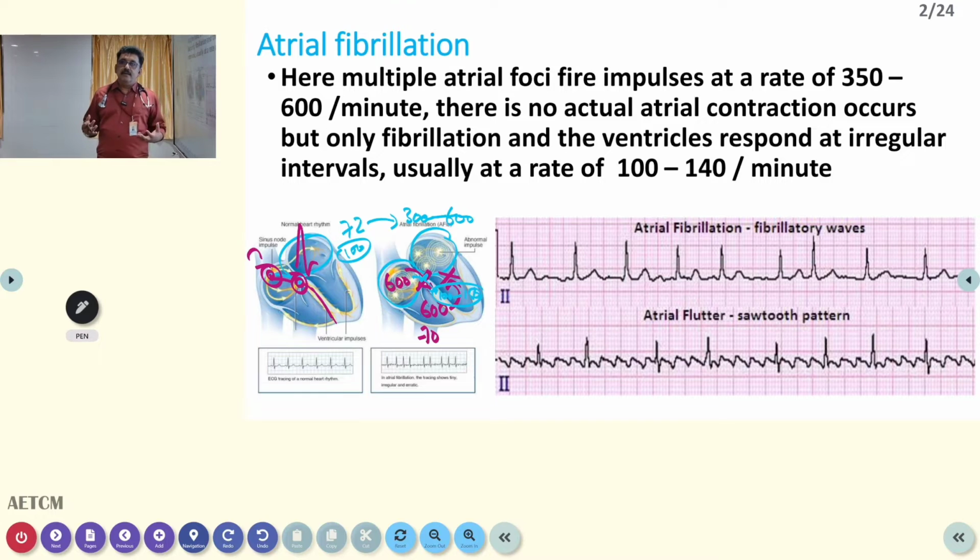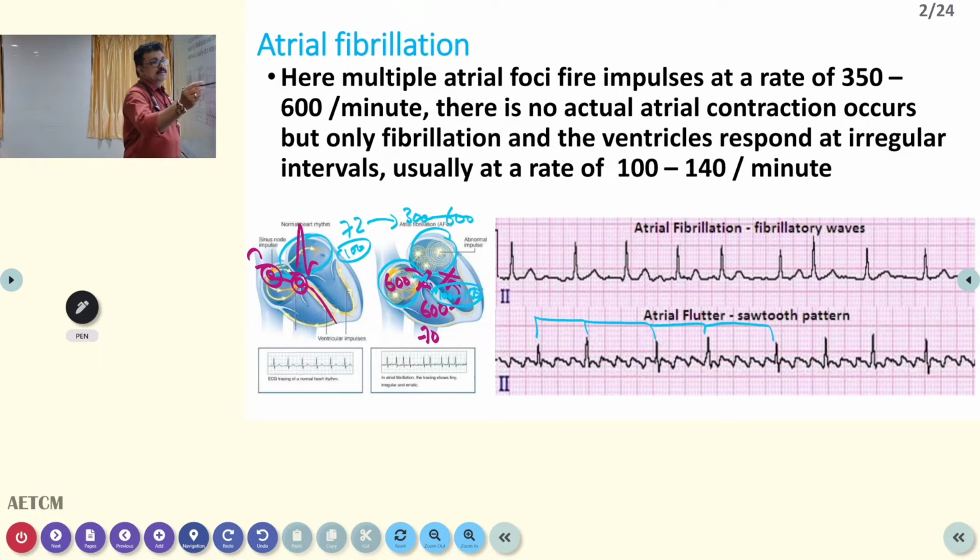Around 100 to 140 beats may be transmitted to the ventricle. Then the ventricle will pump at a rate of around 100 to 140, in a totally irregular manner. If you see the RR interval here, it is totally irregular, irregularly irregular. That is the most important thing in atrial fibrillation.